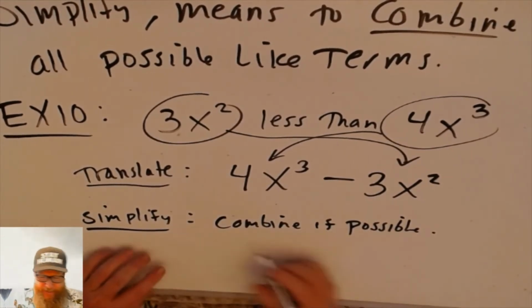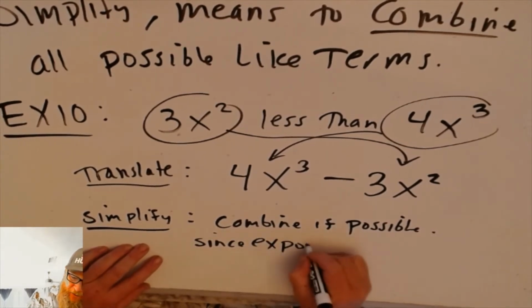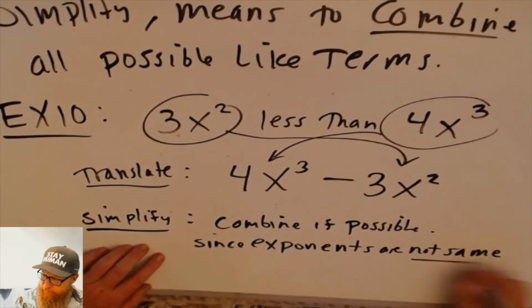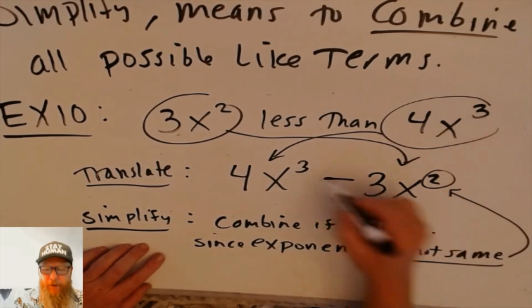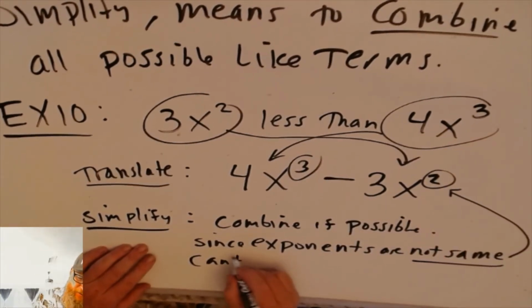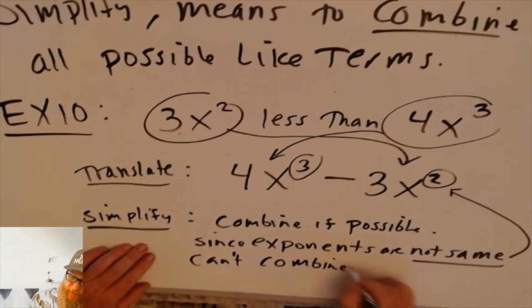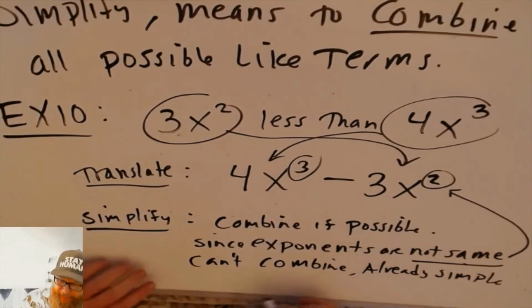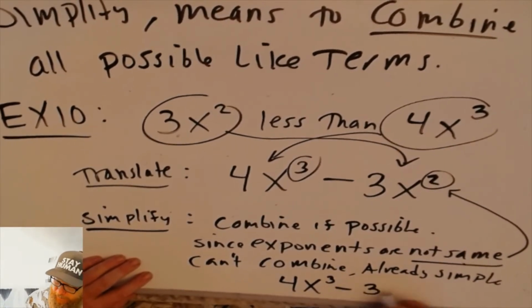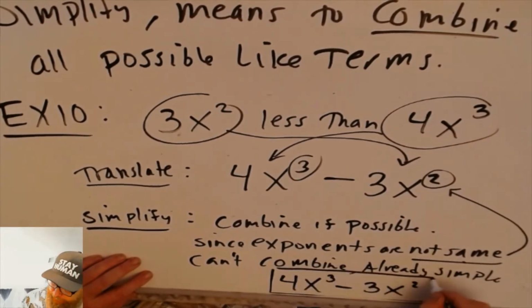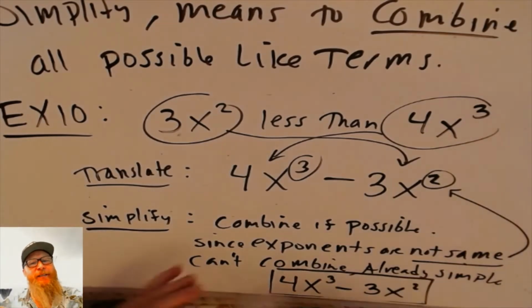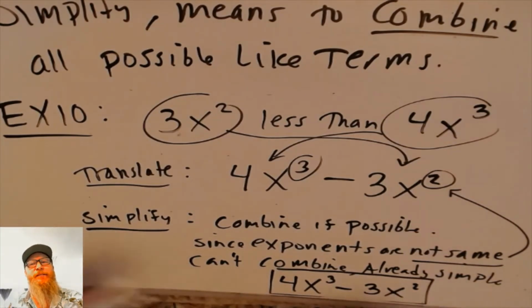Since the exponents are not the same, look, one of them's a second power, the other one's a third power. We can't combine, so it's already simple. So that means this is the answer: 4x cubed minus 3x squared. That's it. It's already simplified. That's as good as it gets.